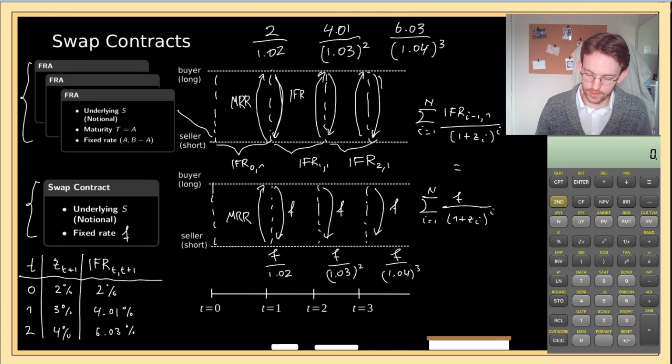Now there's no way to solve this equation for F on the financial calculator, so we're just going to have to do it by hand, and for this we'll use the discount factor for every period, given by 1 over 1 plus the zero rate for this period to the i. We'll put those discount factors in this column right here.